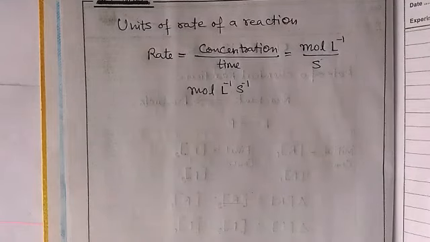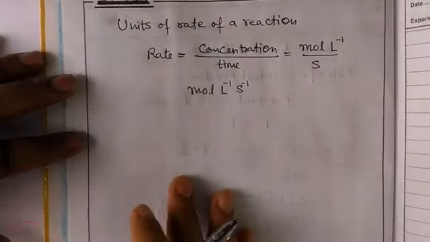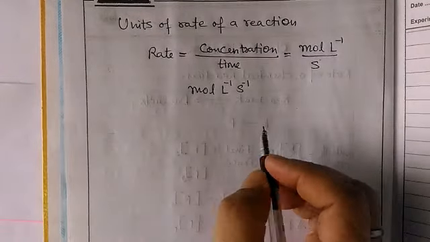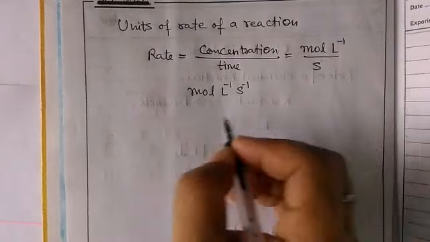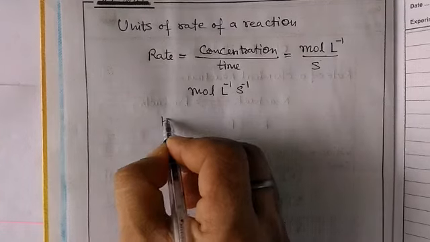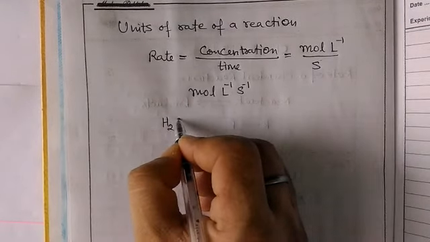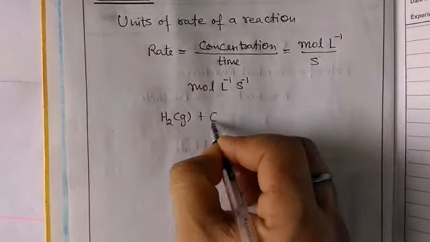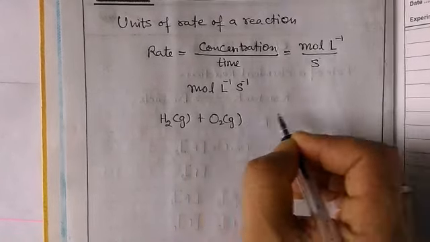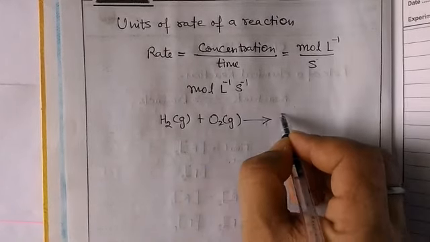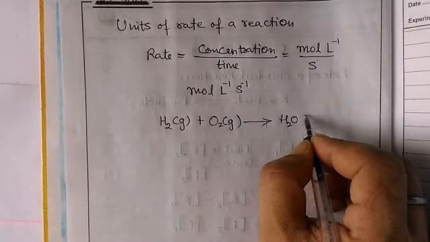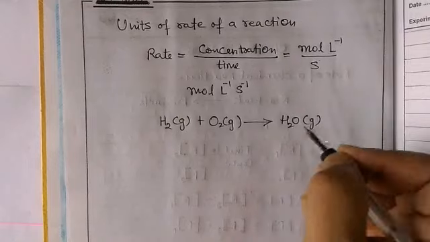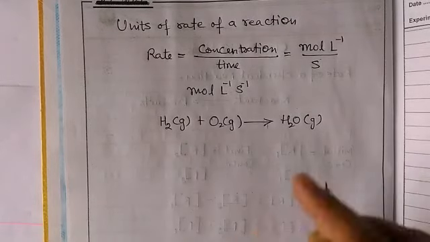Now let's apply this concept of rate equation into certain other examples. For example, let's start with the formation of water. Hydrogen gas is reacting with oxygen gas to give H2O. Let's take it to be steam, then it will be gas. If it is liquid, then the physical state will be different.